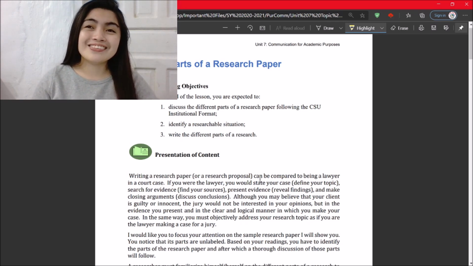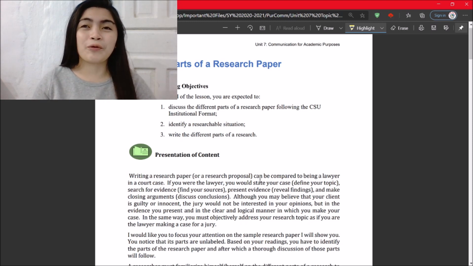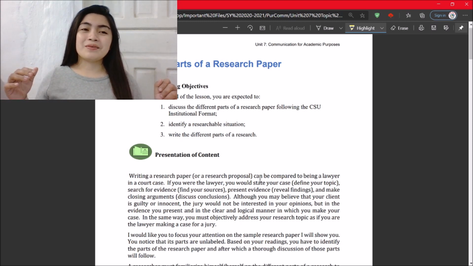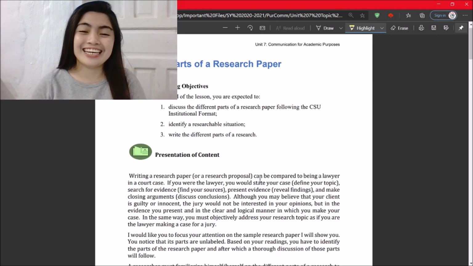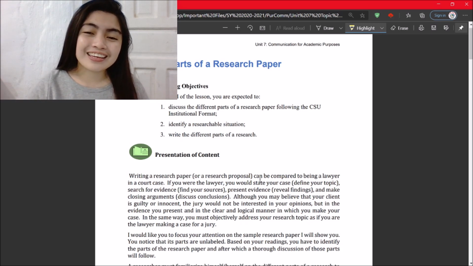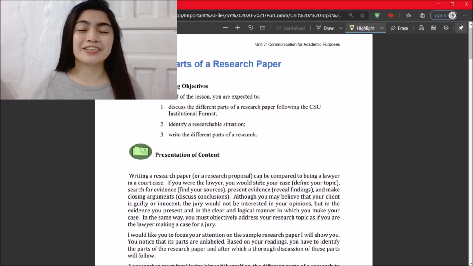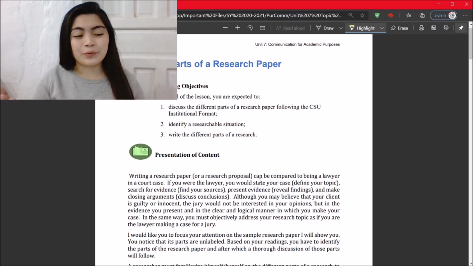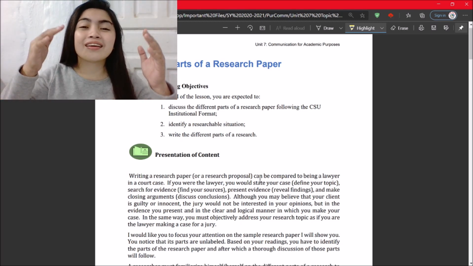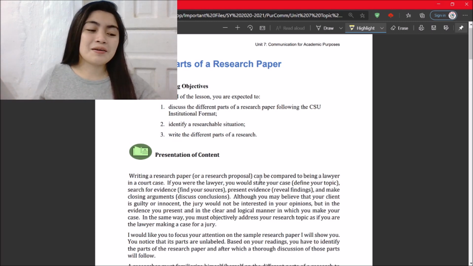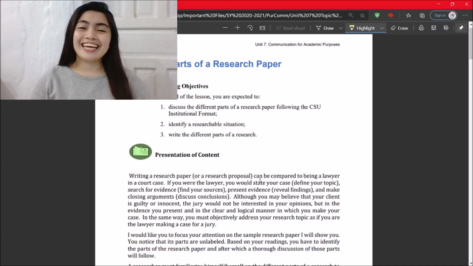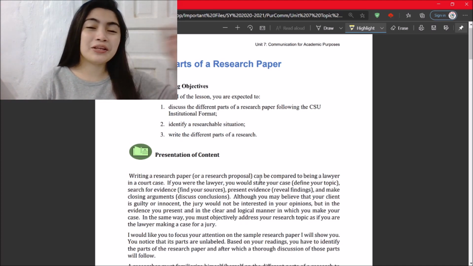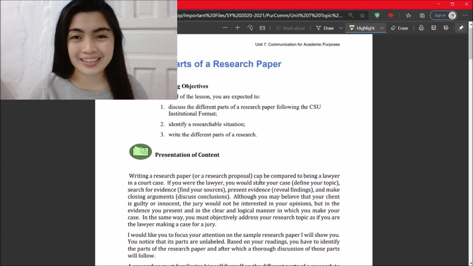Pero I would like to really congratulate you all for finishing strong. Na nandito pa rin, lumalaban pa rin. And I'm really hoping na, even to our last topic, the research paper, even if we were not given a chance to really create one, meron kayong matutunan today and sana babaunin niyo siya hanggang sa makagraduate kayo.